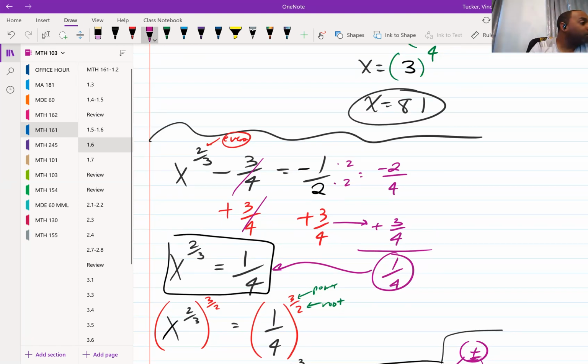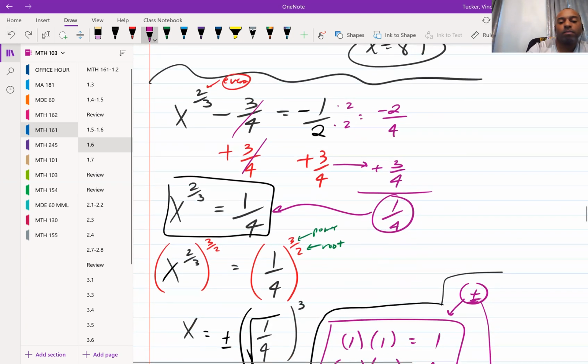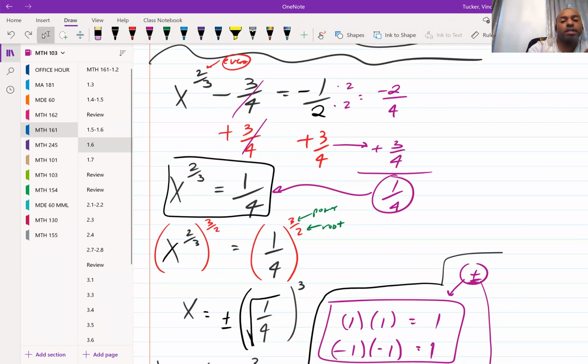Now, in order to get the 2/3 power off of x, we need to raise both sides to the 3/2. Remember, we're just flipping the fraction and applying that power to both sides. Because our numerator, or our exponent, was even, when we flip it, that means it's going to be on the denominator now. So that means it's going to be the square root. That's why you have to do the plus or minus.